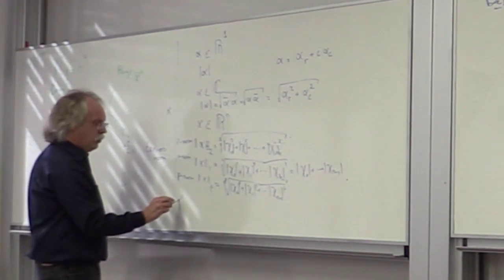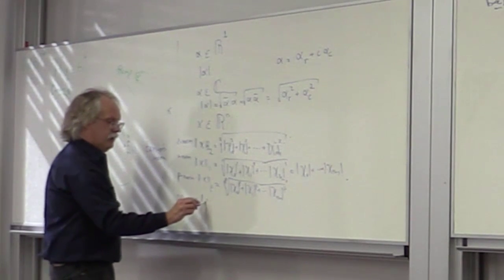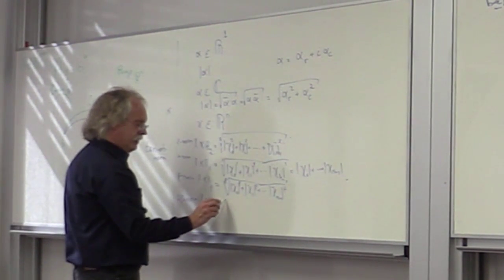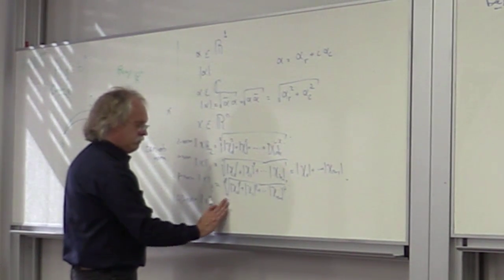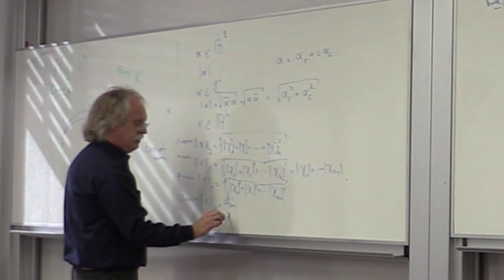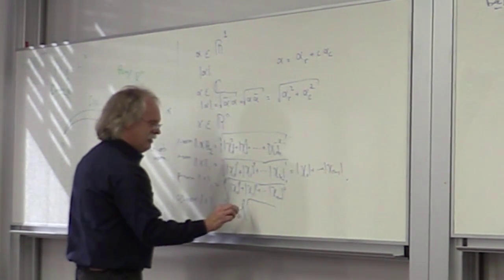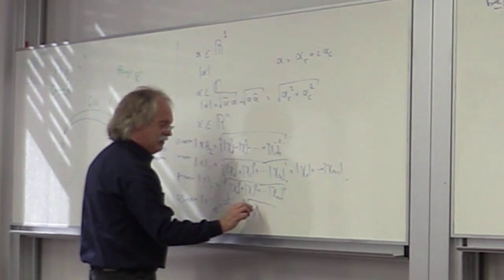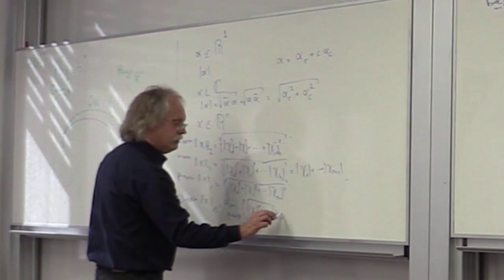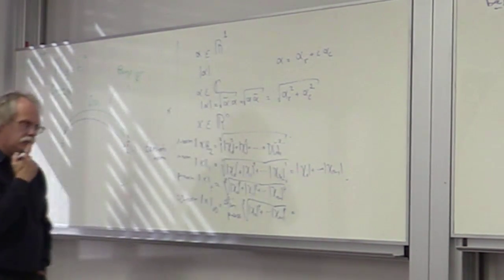And then there's something called the infinity norm, which strictly speaking is defined as the limit as p tends to infinity of the p-norm.